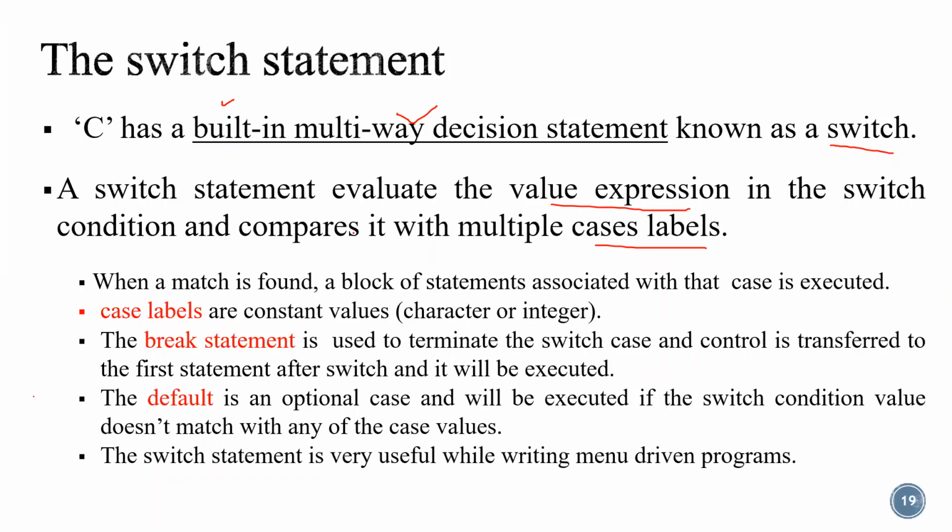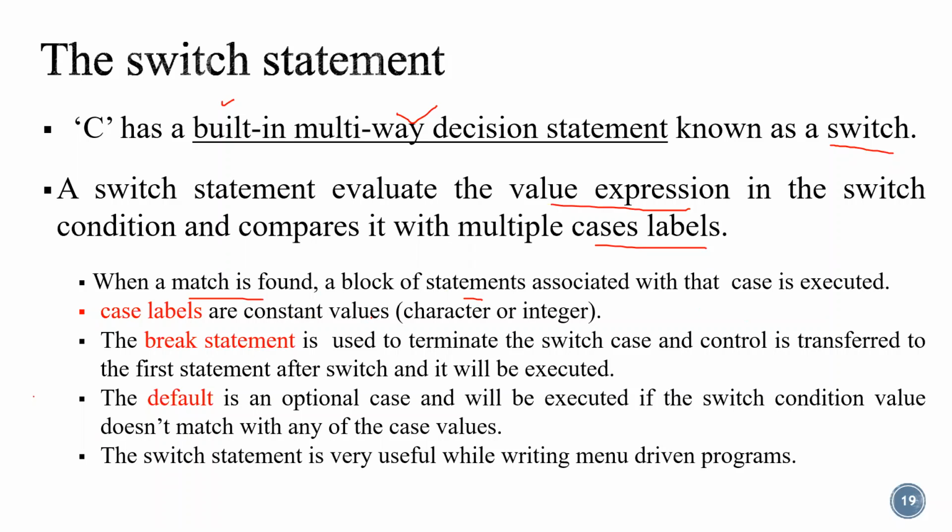If the expression matches a case label, then the lines of code written below that case will be executed. So when a match is found, the block of statements associated with that case is executed.